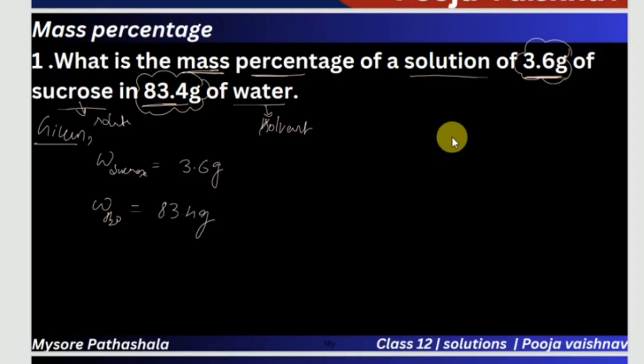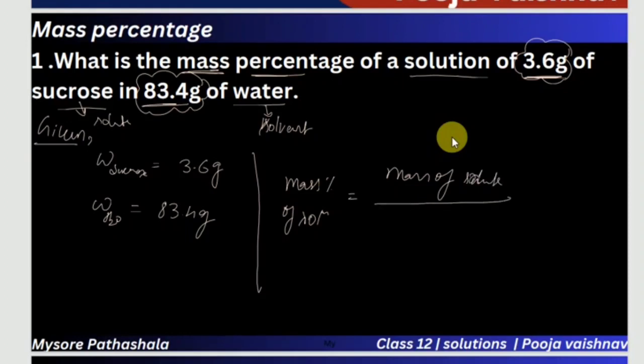Now we'll see the formula. Mass percentage of solution equals mass of the solute divided by total mass of solution into 100. So this is the formula, right? Mass of solute, that is mass of sucrose, is 3.6, and then the total mass of solution.